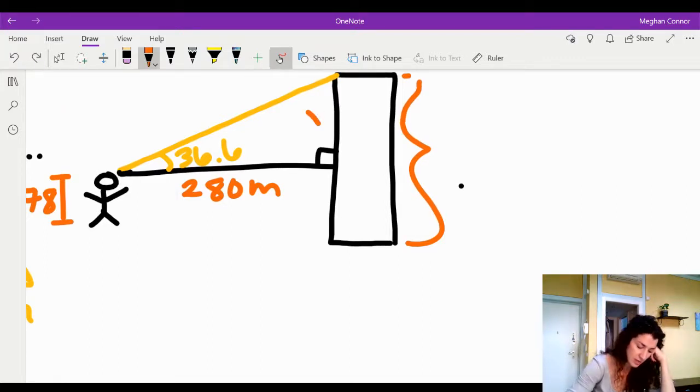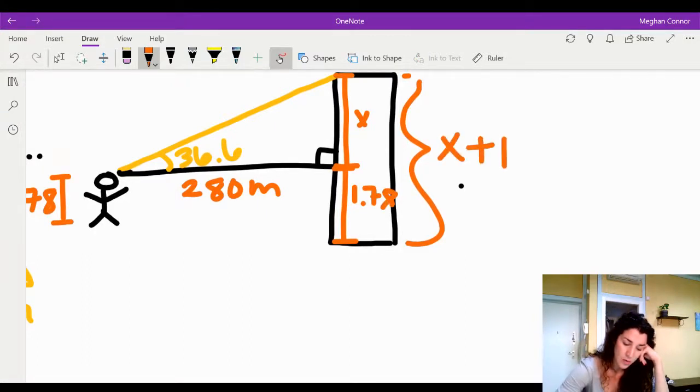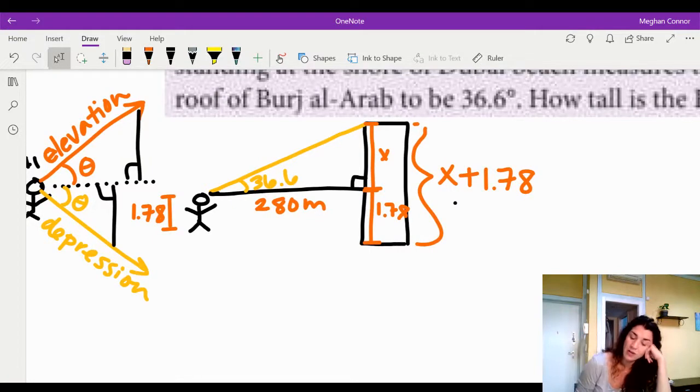That length right there is x, and we're missing the whole height of the hotel. So realize that the whole height of the hotel is also this piece right here, which is the same height as my surveyor, 1.78. So I know that the total height of my hotel is going to be that height that I solved for in the right triangle plus 1.78.